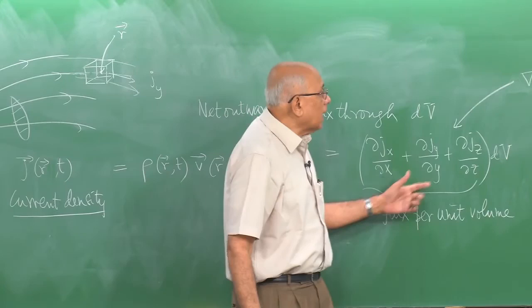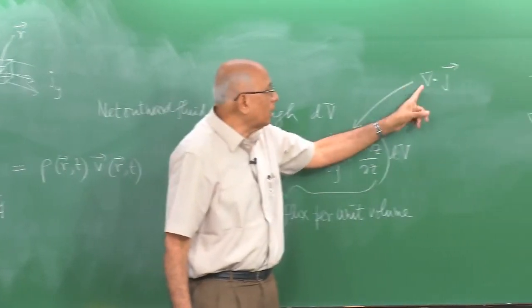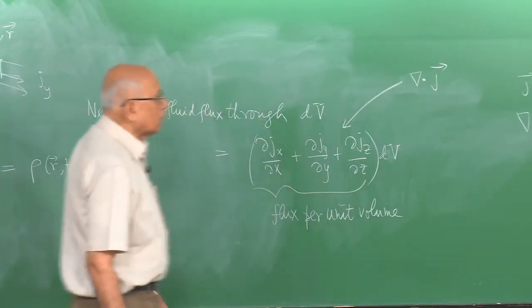So, you can write this as a dot product of this vector operator del with the current density J.